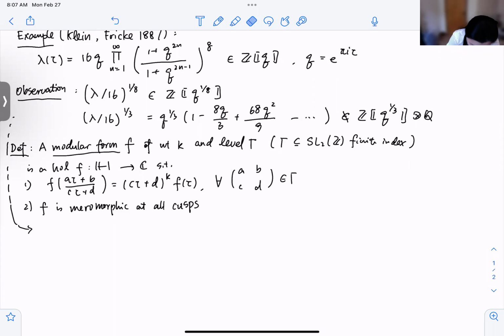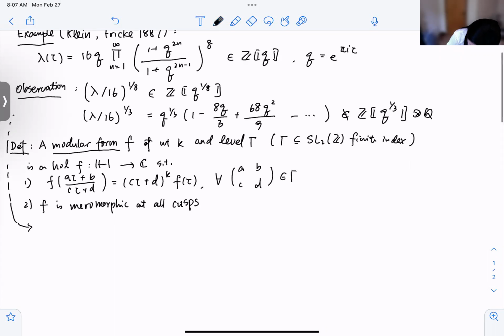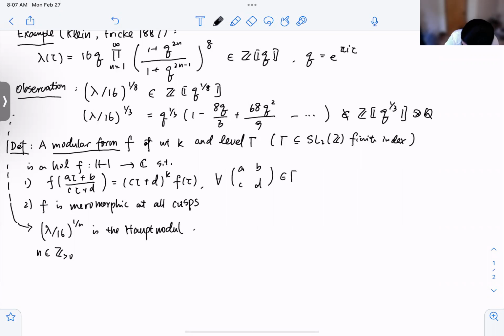On one hand, we have lambda over 16 to the 1 over n, where n is a positive integer, which is the Hauptmodul of an index n subgroup of gamma 2 inside SL2(Z).